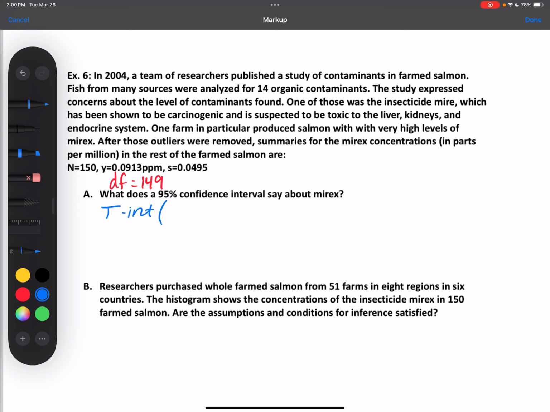Go down to 8. And it'll be your X bar, or in our case Y, 0.0913, then standard deviation 0.0495, then N, it asks for N, right, not degrees of freedom. Yeah, that's right. And then 0.95 because we want a 95% confidence.